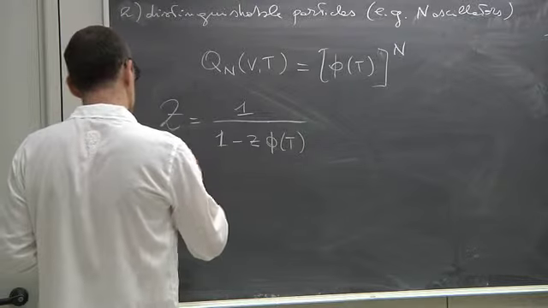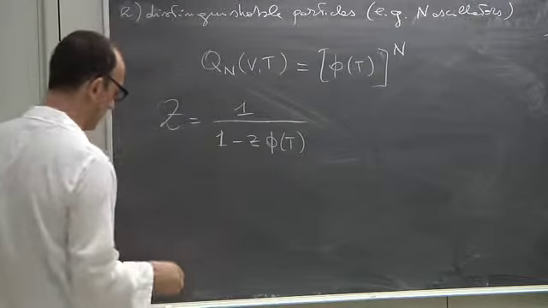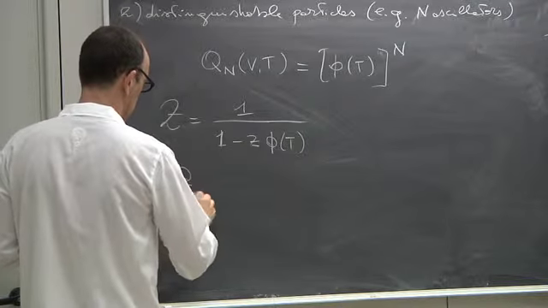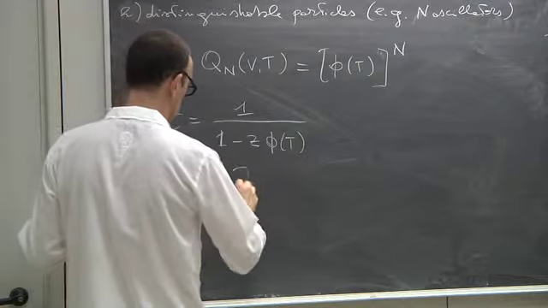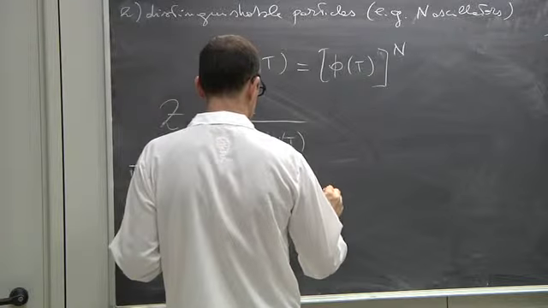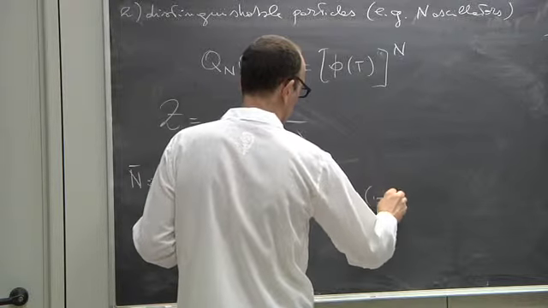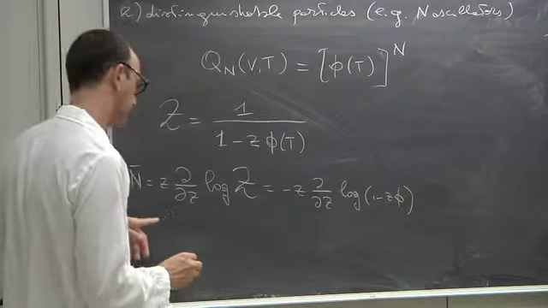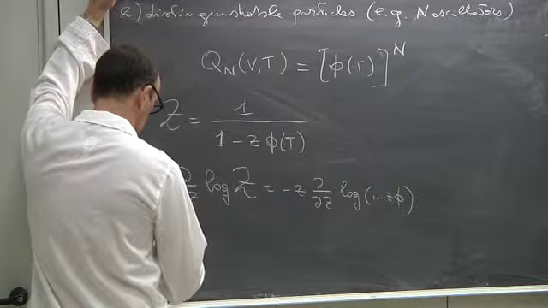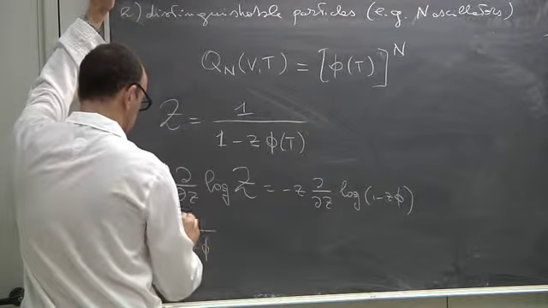The relation is given by: I take the log of this, take the derivative with respect to z, and compute n as z times the derivative of the log of this capital Z. So this is minus z times the derivative with respect to z of log of 1 minus z times phi, which is equal to z phi over 1 minus z phi.